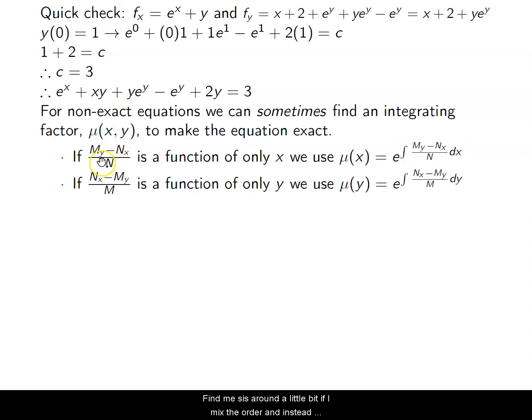If I mix this around a little bit, if I mix the order and instead of dividing by N, I divide by the M function, if that is only a function of y, then we use this integrating factor. Now, if neither of these conditions is satisfied, then we cannot make our function an exact equation.